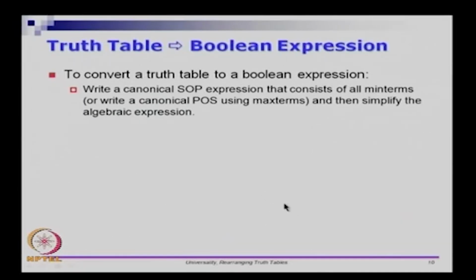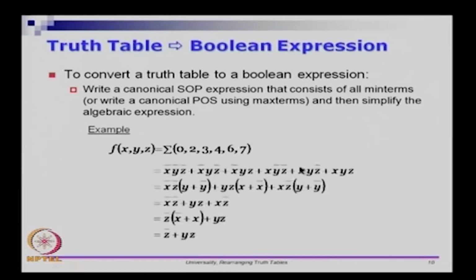So if you want to go the other way around, given a truth table, get to a Boolean expression, this is slightly more complicated. What you should usually do is write a canonical sum of product expression and simplify the expression. For example, if I give you something like this, which is the same thing as what we had earlier, 0, 2, 3, 4, 6, 7, you write, so this is a canonical sum of product, it has min terms.